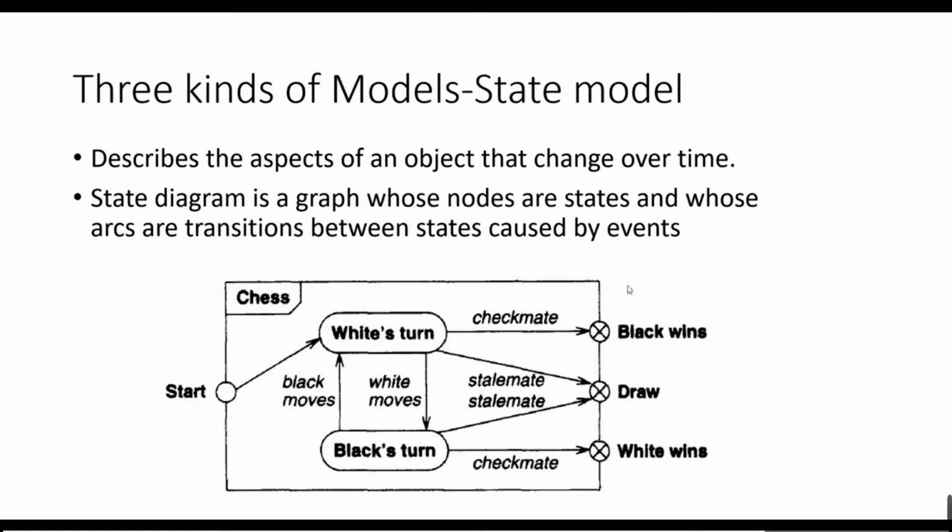For example, this is a state model for a chess class. It describes the white's turn or black's turn and the change. For example, at the start, it is white's turn, but after white moves, it will be black's turn, and after black moves, it will be white's turn.